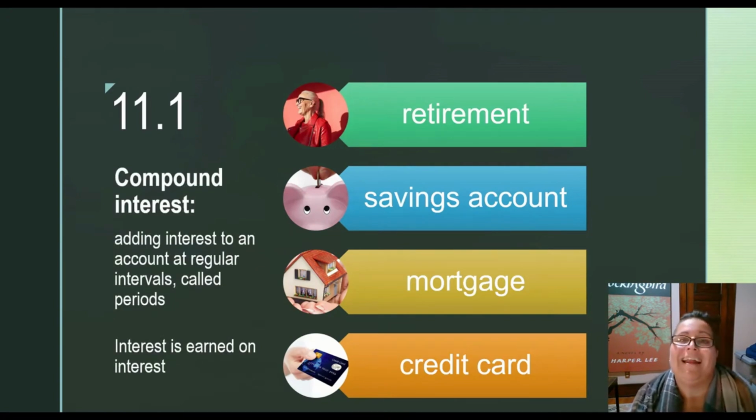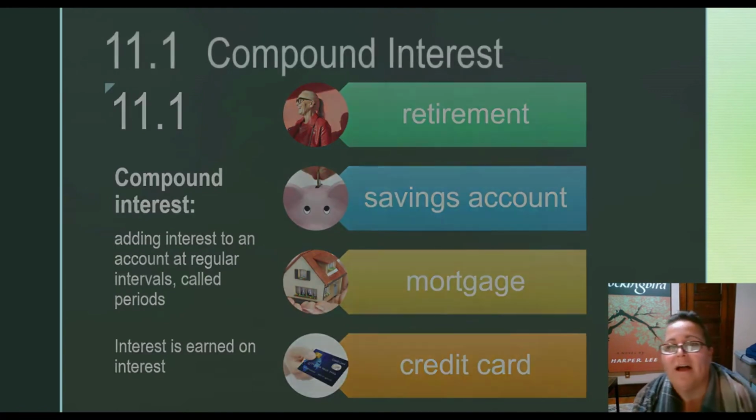We're adding interest onto an account at regular intervals, which we call periods. And we have the opportunity to earn interest on that interest. And if we've borrowed money, then we get the opportunity to pay interest on interest. That's why it's compounded. It just gets more and more complicated as things go on.